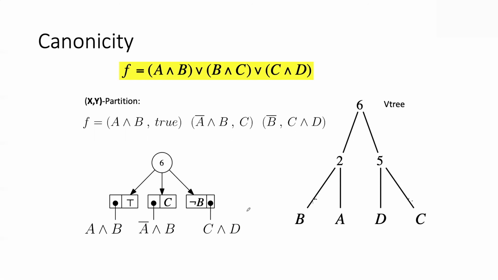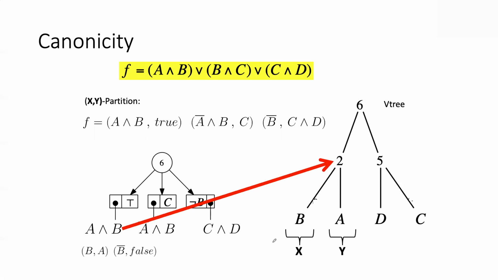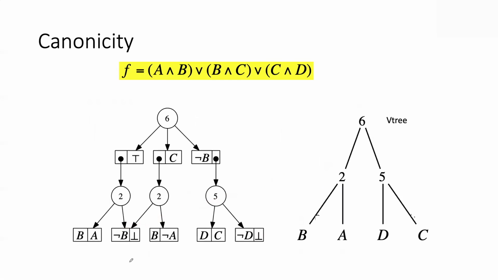So let's do the first one. This guy, that's my X, that's my Y. There's only one compressed XY partition in this case, and it happens to be this guy. All right, we didn't do this one, but you can try it at home, that the only way to generate an XY partition for this compressed using this X and that Y is this. What does that mean?